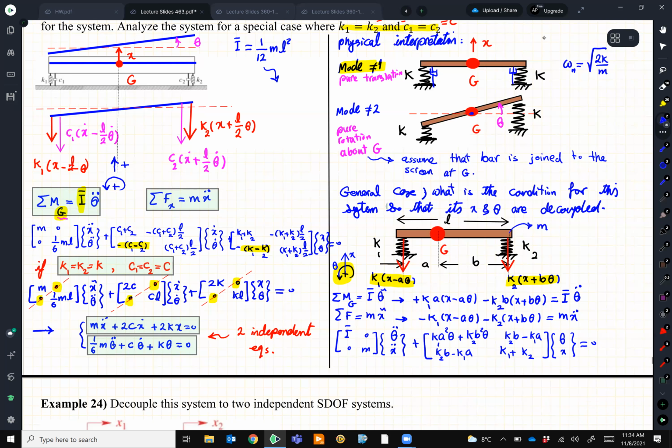I'm going to give you a moment. I know always there is someone who checks these things and finds a mistake. Yep. The stiffness matrix, we have theta and x, right?